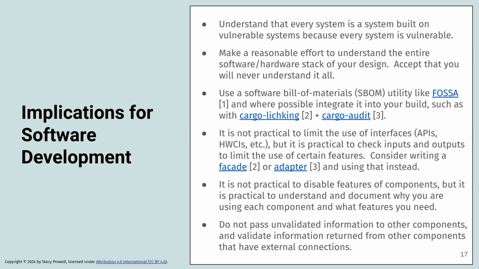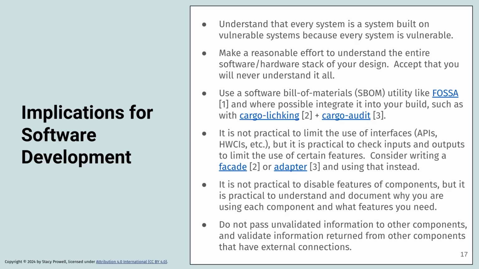This is not a design patterns class, but facades and adapters are both ways for me to bring in a third-party library and strictly control the features of that library that I use to centralize my use to the facade or the adapter, so that if a problem like this does come up, I don't have to go through my entire code base and rip stuff out or change things. I can go to the facade or the adapter and make the changes there.